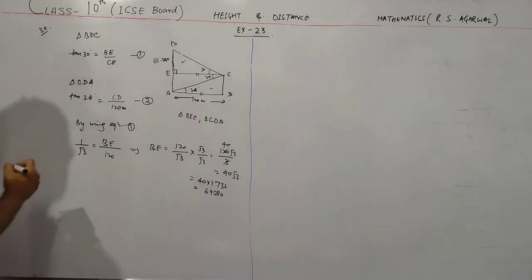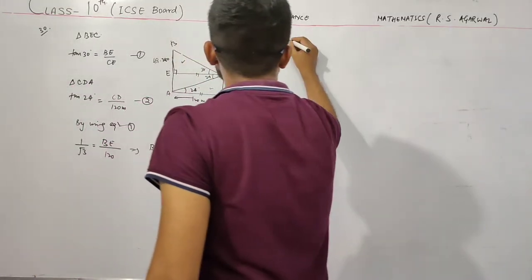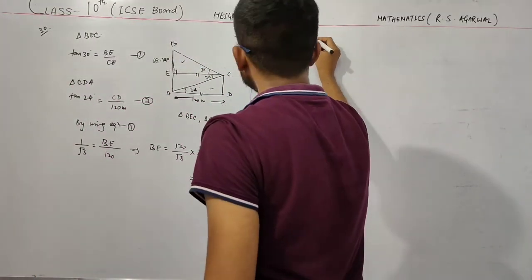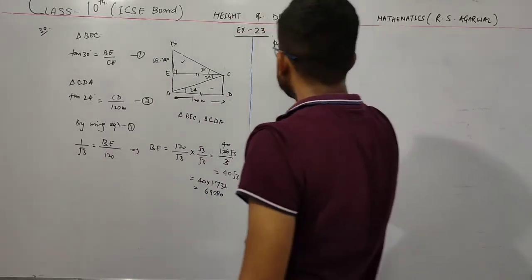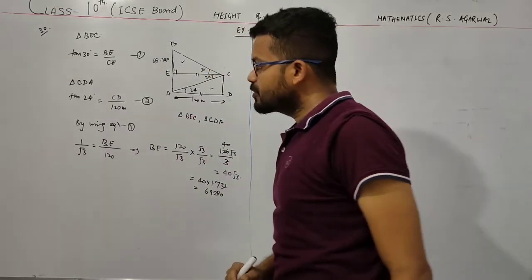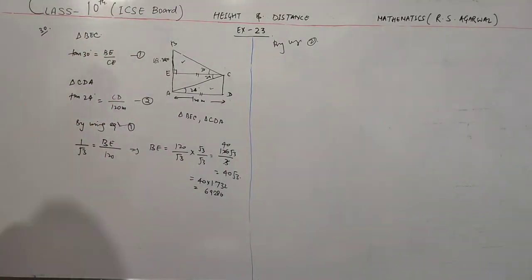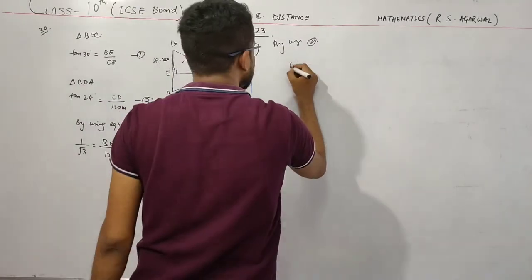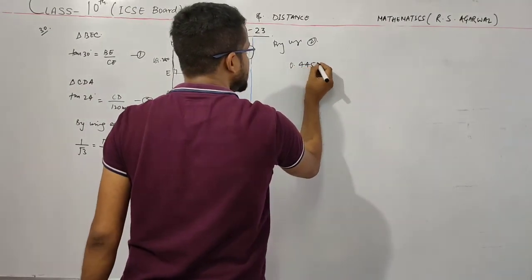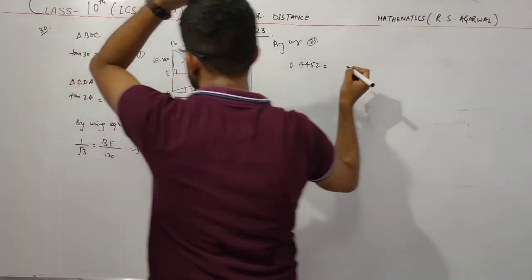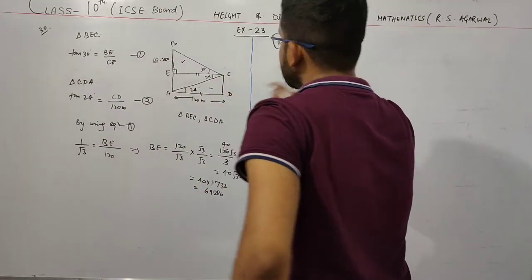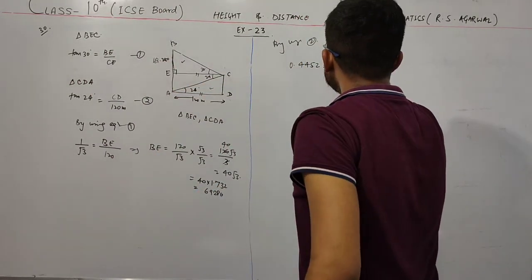Now, by using equation 2, tan 24 degree, we have to find the value of tan 24 degree from the table. So search the table and get the value of tan 24 degree, which is 0.4452. Tan 24 degree is 0.4452, equal to CD upon this value, which is given as 120 meter.